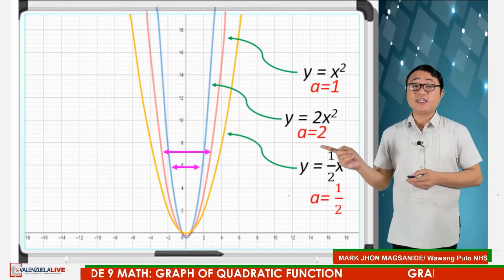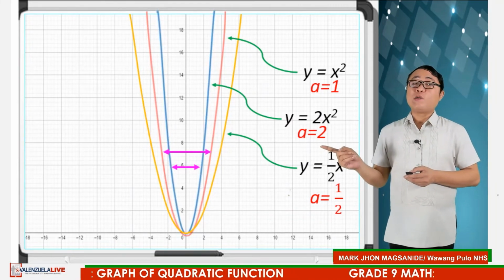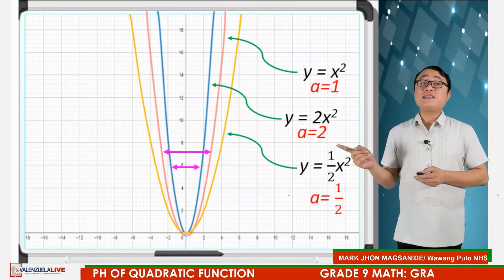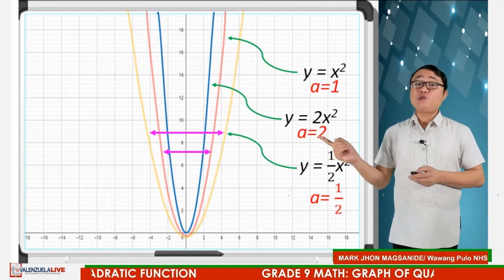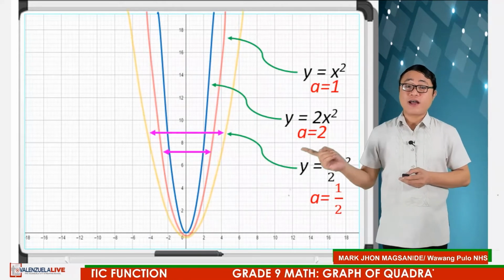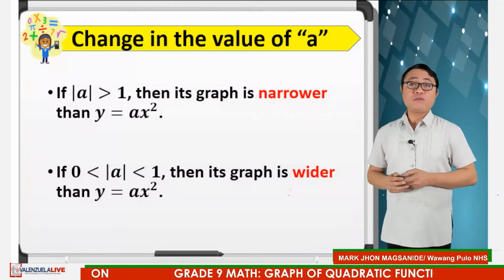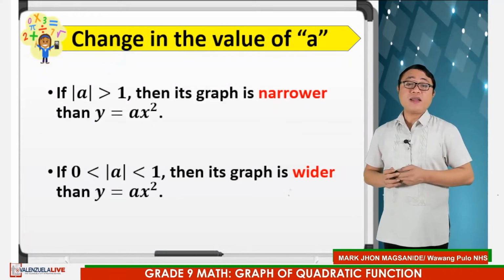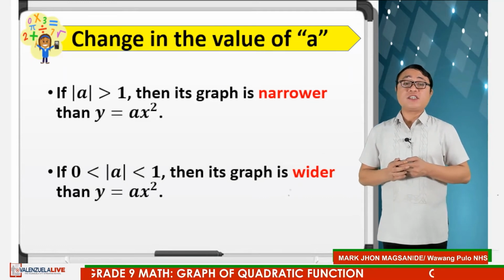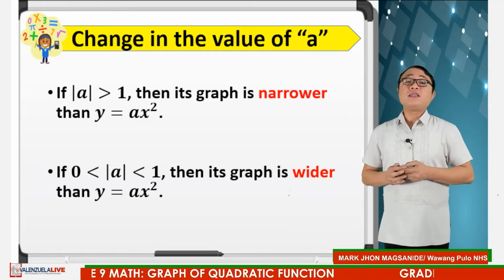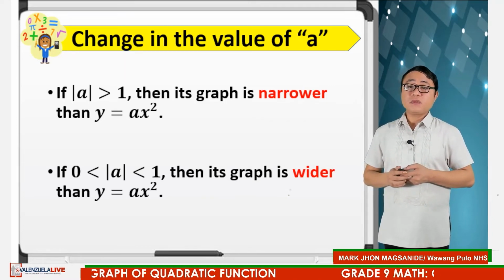Do you see the changes in the width? While when a is less than 1, the graph what? It widened, as you can see in the graph. So, it can be summarized to, if the absolute value of a is greater than 1, then its graph is narrower than y is equal to x squared.